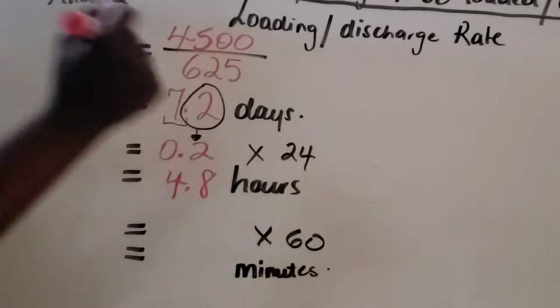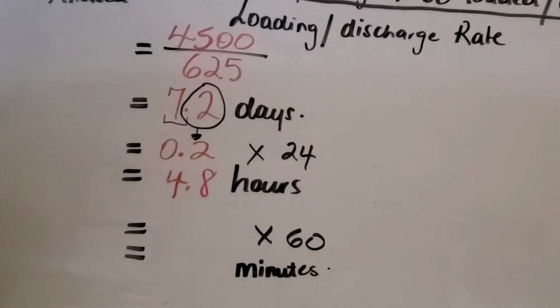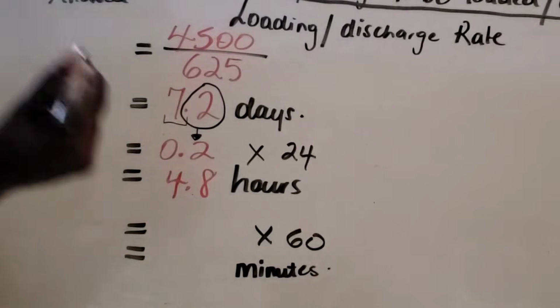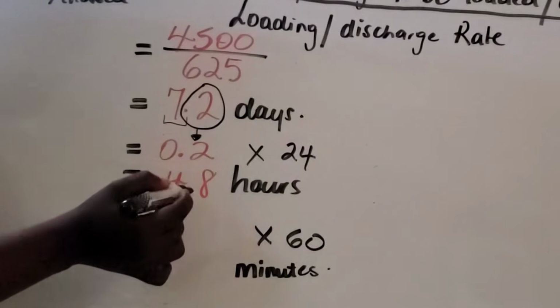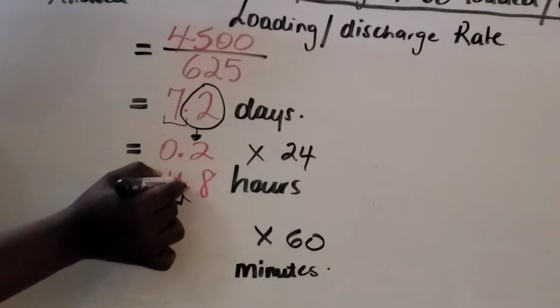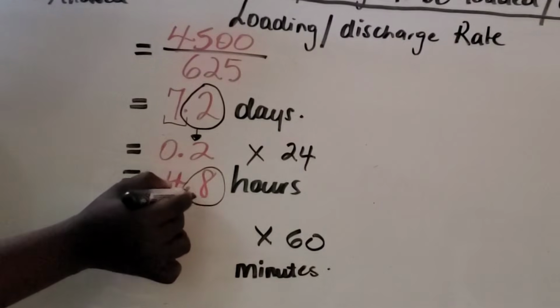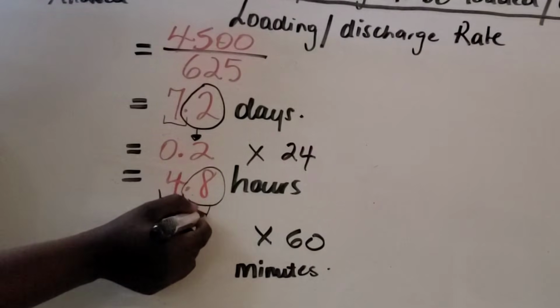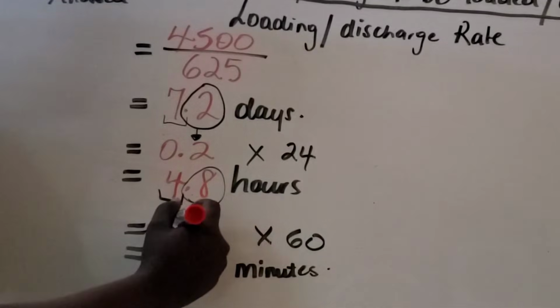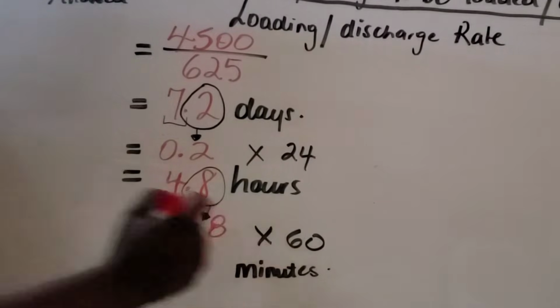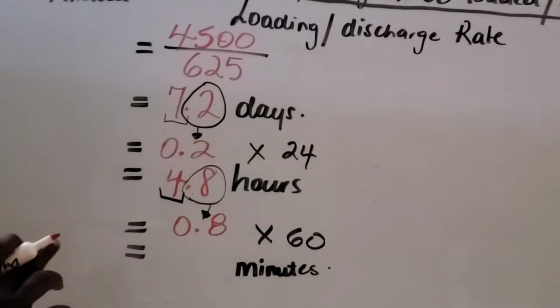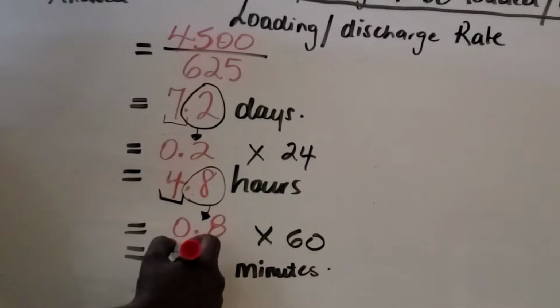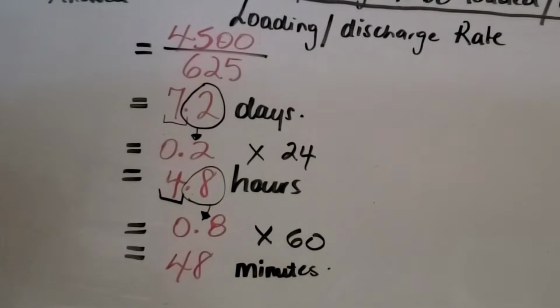As you know, again, we cannot have 0.8 hours. So we have to convert to minutes. So the 4 is recognized as the hours, and we're going to take the 0.8 and multiply it by 60. 0.8 multiplied by 60 equals 48 minutes.